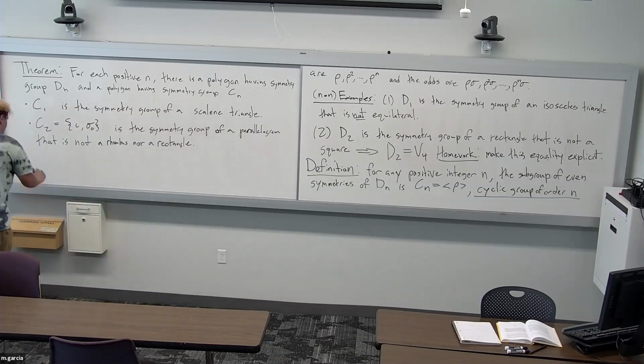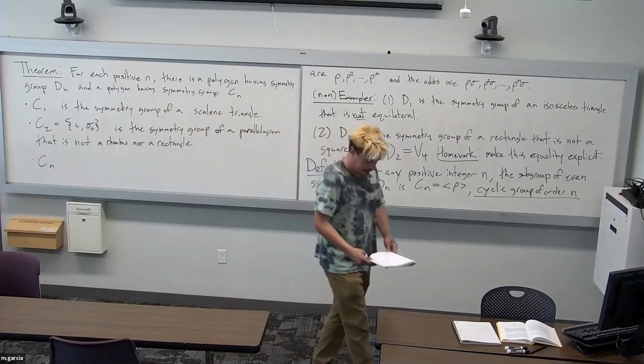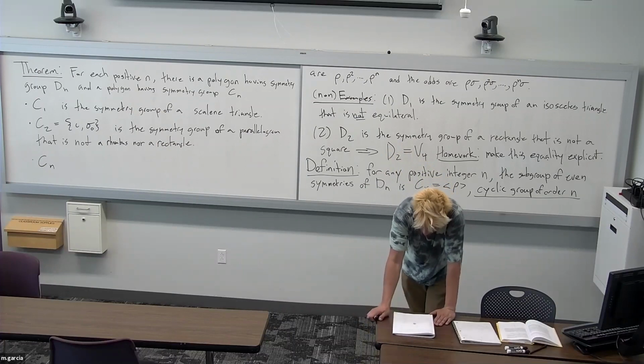How about Cn, the arbitrary cyclic group of order n? How can I construct a polygon? This is the shape I was referring to that we looked at before when we first talked about symmetries of shapes in the plane.